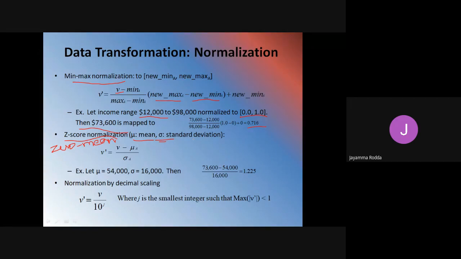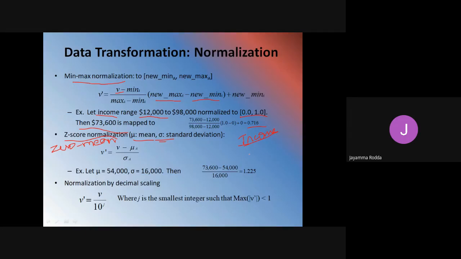So here we are taking the attribute income. Like we have taken in the min-max, here in z-score also we are taking income. For this income, the normalization is done based on the mean and deviation. A value V is the value supposed to be mapped, that is 73,600.